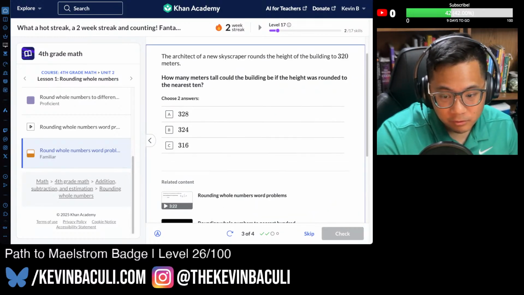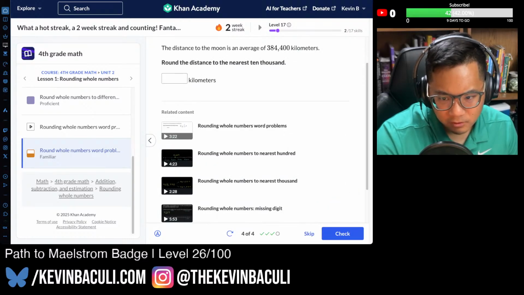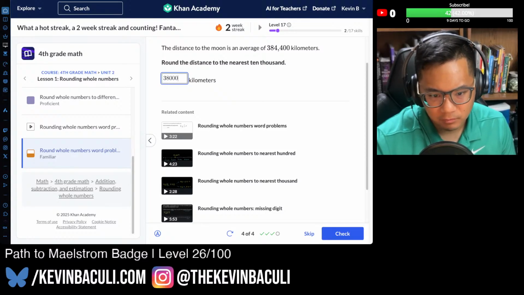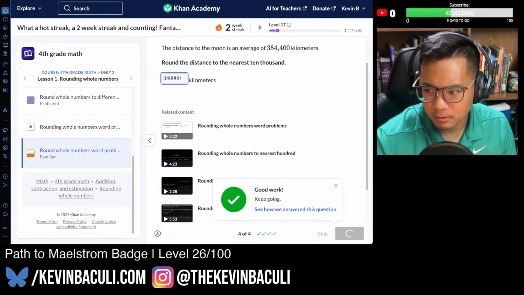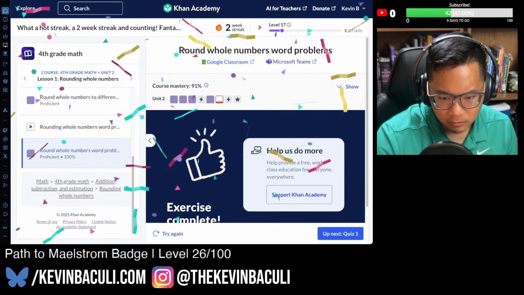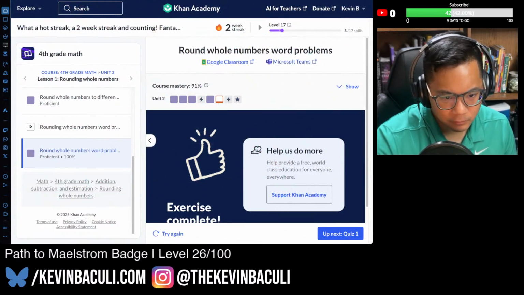How many meters tall is the building if rounded to the nearest 10? 2. 10,000. Okay. Hit 2.